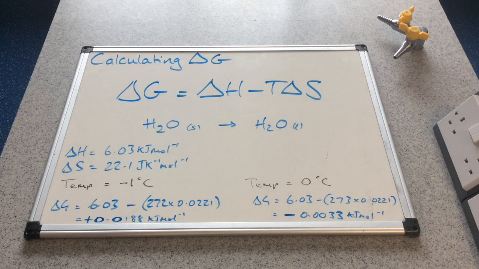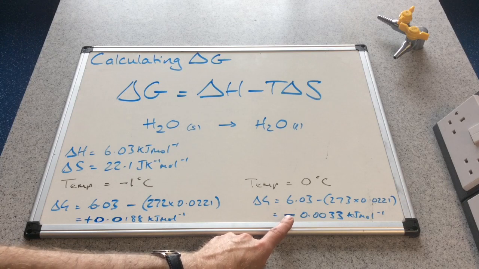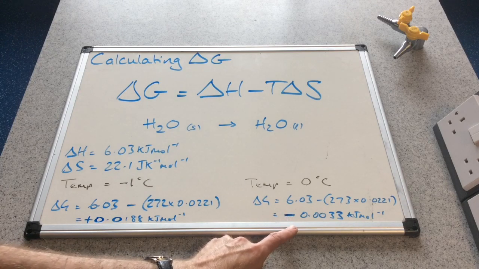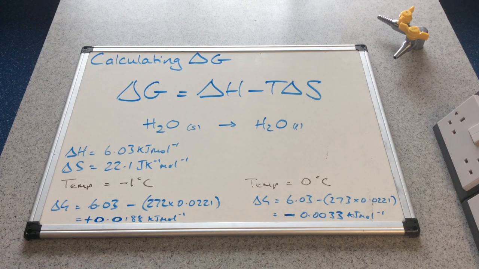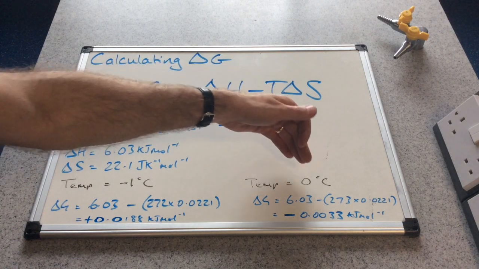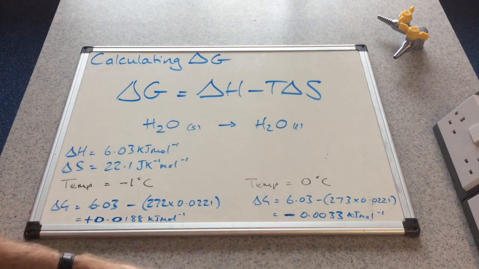The important thing is that we've now got a minus sign in front of our delta G answer. This is the first temperature at which delta G goes negative, so that's the magic temperature whereby this process becomes feasible. So ice melts at 0 Celsius because delta G is less than 0.